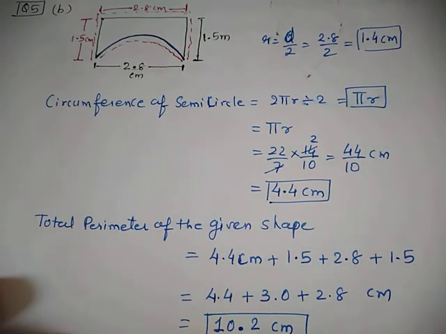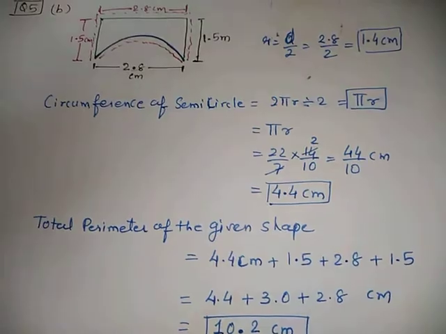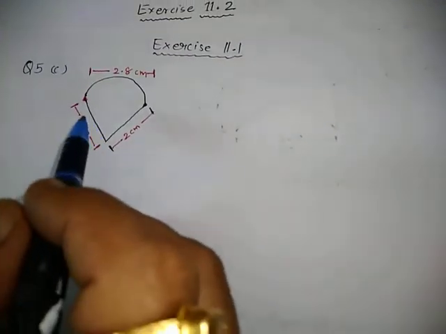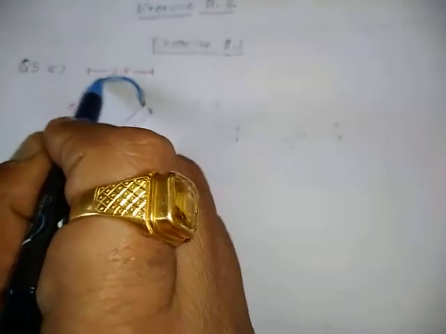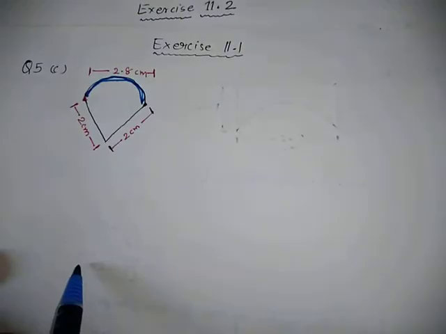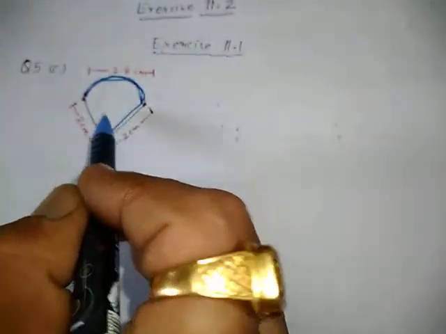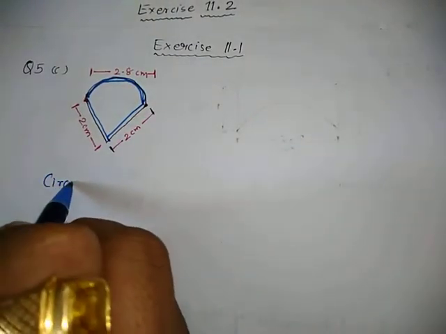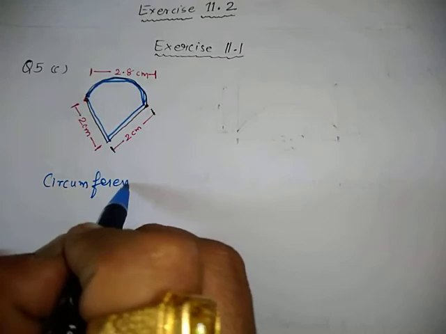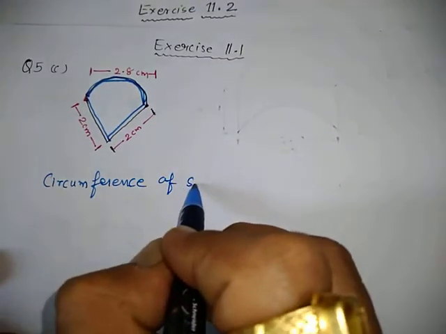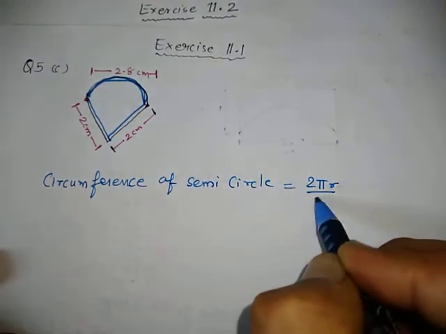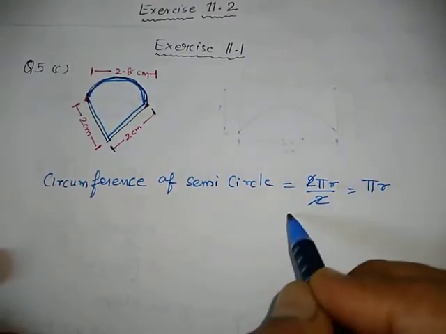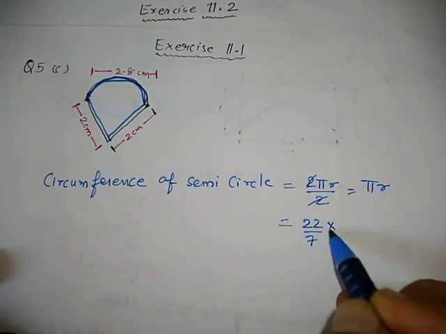Similarly, we can go for the next figure C. Here in figure number C, you got an idea that this is a semicircle part, so this much it will travel. We want to find the semicircle, and then we can add this part also and this part also. So the circumference of a semicircle is 2 pi r divided by 2, so it cancels, it will be pi r. So 22/7 into the radius.